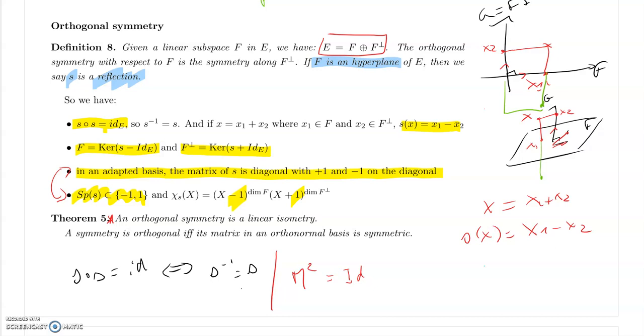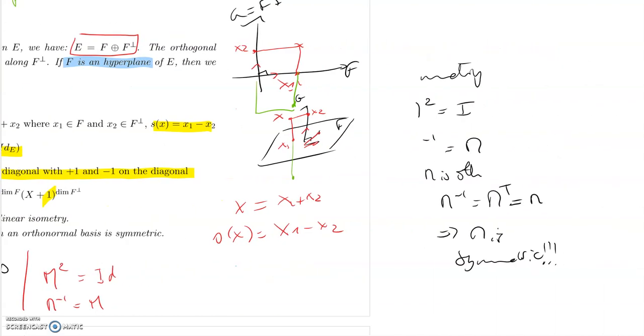It gives us that M inverse is equal to M itself. And we are going to use one of the previous results that tells you that an endomorphism is orthogonal if and only if its matrix in an orthonormal basis is orthogonal.